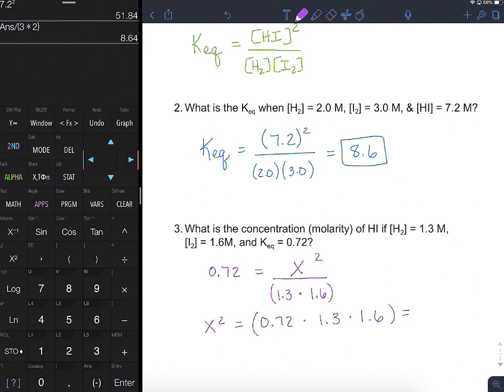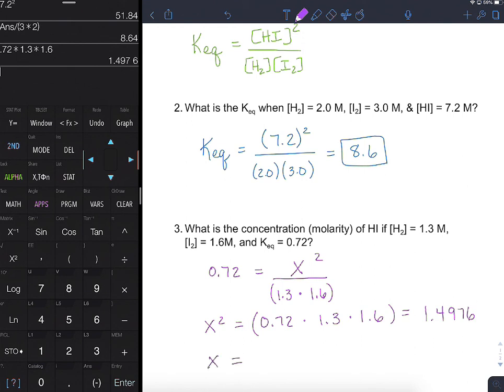And when I do those, so let's see, 0.72 times 1.3 times 1.6, we get 1.4976, and I'm just going to keep all of those numbers so I don't have rounding errors in my intermediate. Now to get x by itself, we're going to have to take the square root of that.